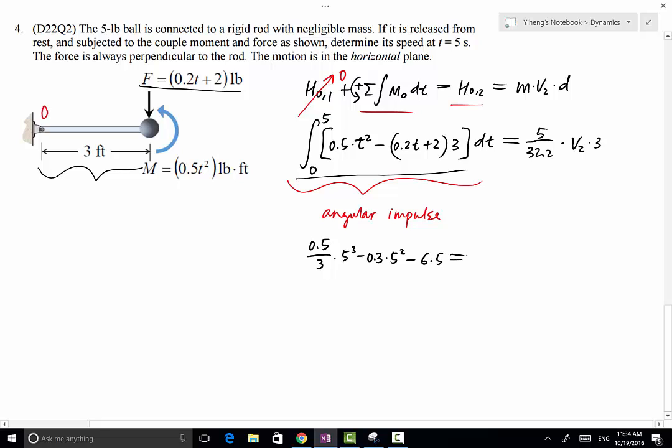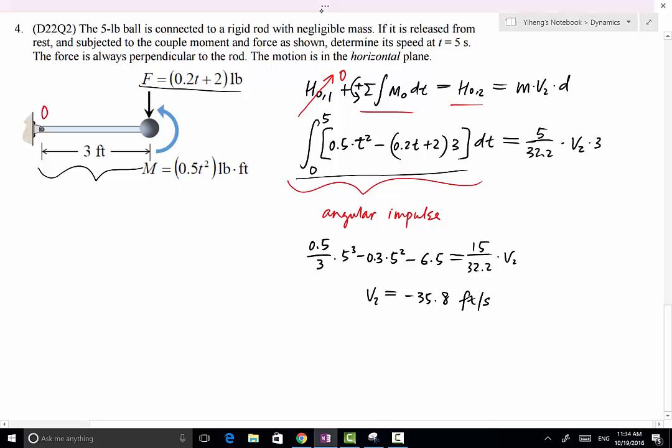On the right hand side, that equals 15 over 32.2 times v2. So from here we can solve for v2 to be negative 35.8 feet per second.